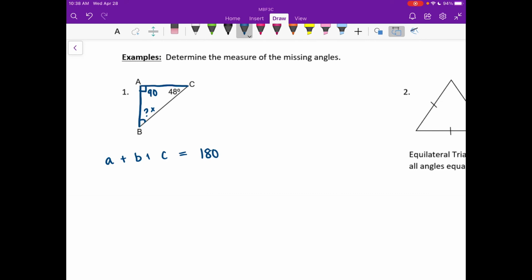For our purposes, angles are always going to be uppercase letters, right? So I know angle A is 90 degrees, angle B is x, I don't know what it is, and angle C is 48 degrees. And that's all going to equal 180.